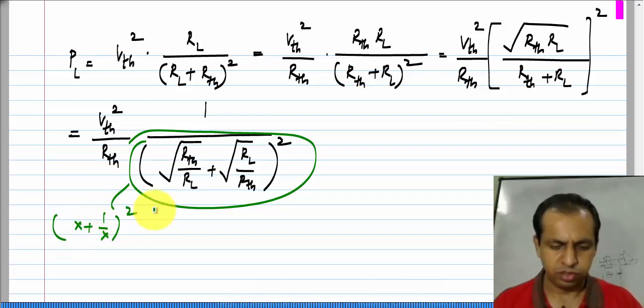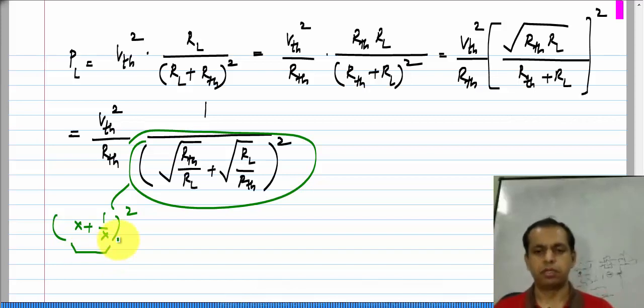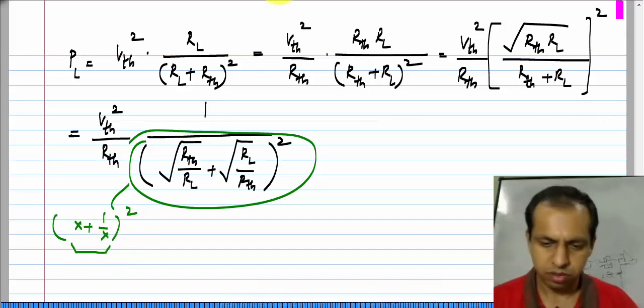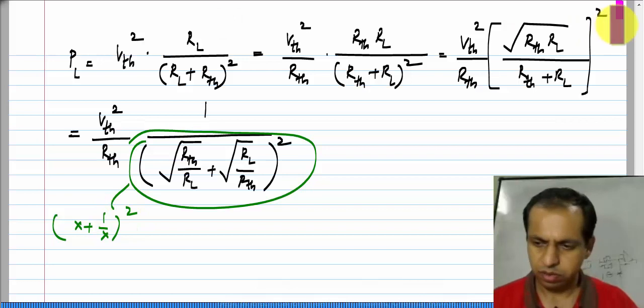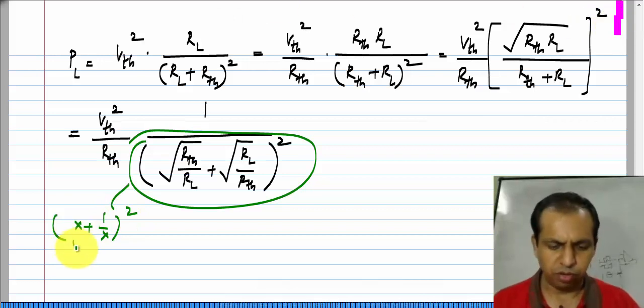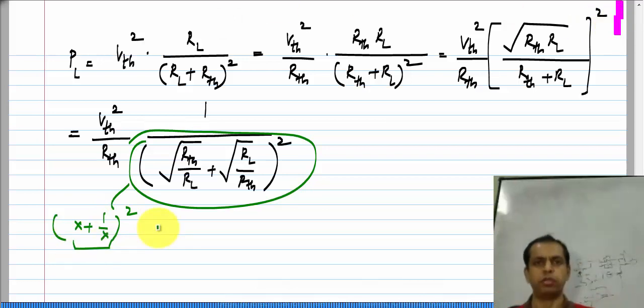Now, this form x plus 1 by x may be familiar to you. As x increases, the first one increases and the second one decreases, and if you try to minimize the value of this, you will find that the minimum will occur when x exactly equals 1.